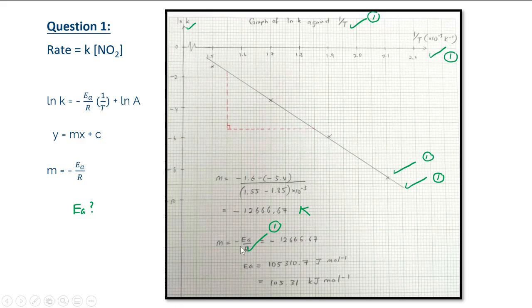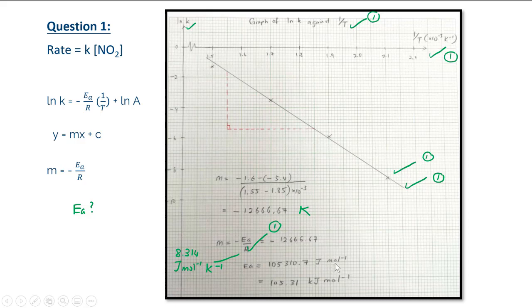For this gas constant, the value of R is 8.314 joule per mole per Kelvin. So after you eliminate the per Kelvin, it is left with joule per mole. So the activation energy obtained straight away from this gradient is in joule per mole.